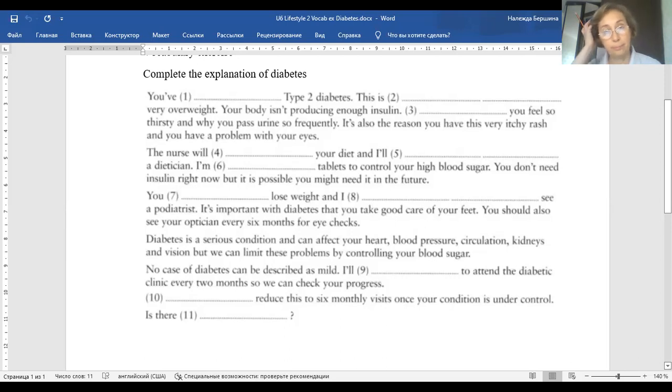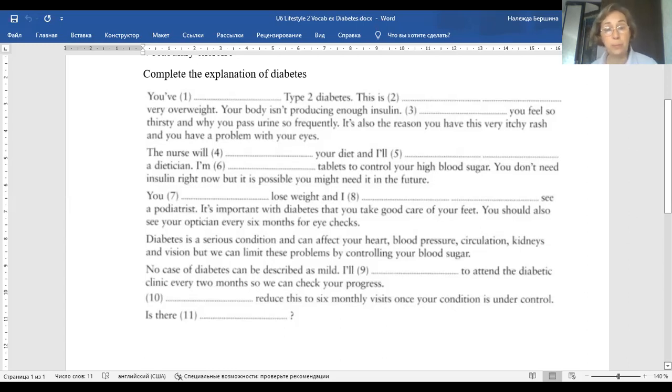So this is a sentence about cause and effect. Yes. The patient has this disease, diabetes, and what is the cause of this illness, of this disease? Overweight. Yes.